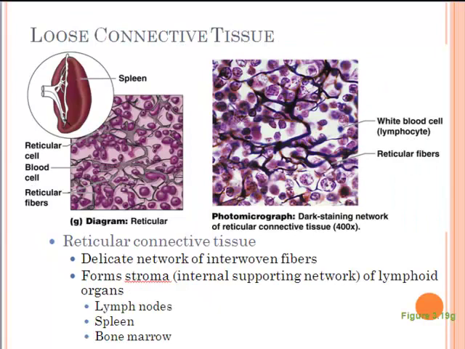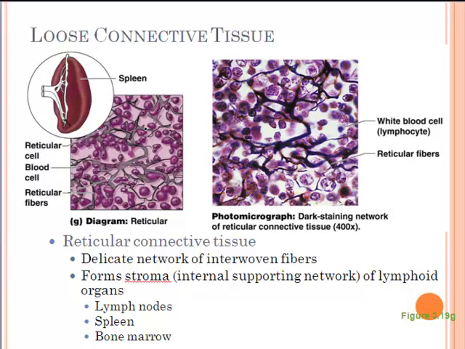Reticular connective tissue is another type of loose connective tissue. Again, you can pick out the cells here. In this case, you have to find the cells versus the blood. So we have some red blood cells in here as well. And then we have the reticular cells that are creating the reticular fibers.